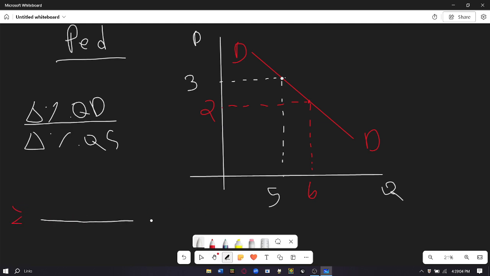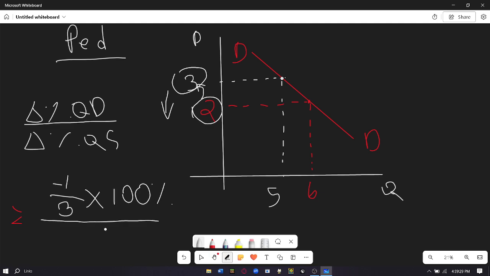The change is taking place from initially 3 and reducing to 2. The denominator, the original one, is 3, and the numerator is the final minus the initial. This gives us minus 1 multiplied by 100%, and that is our first value.